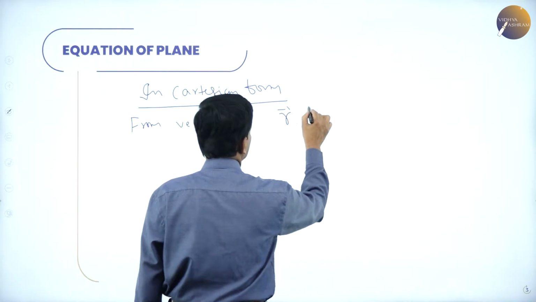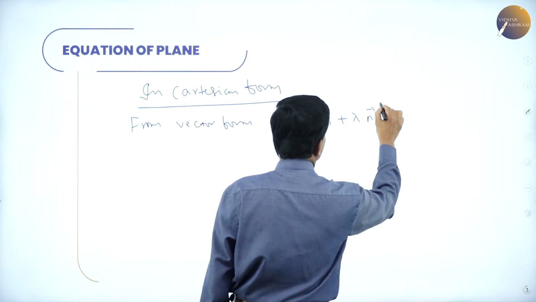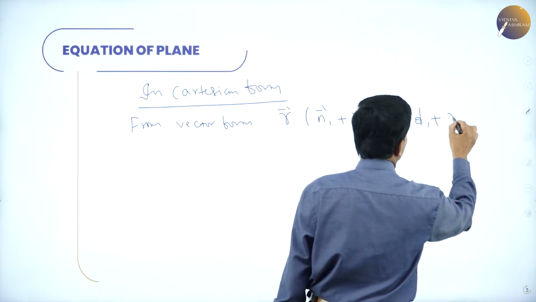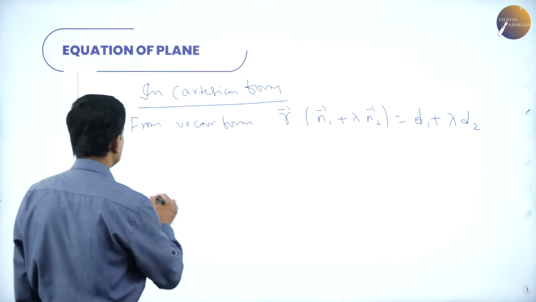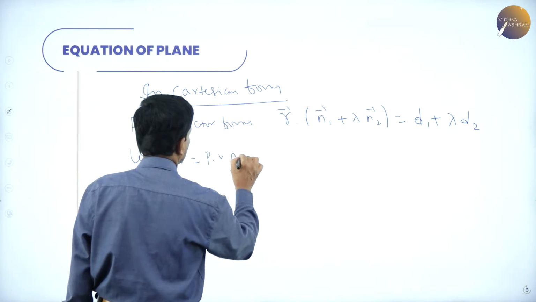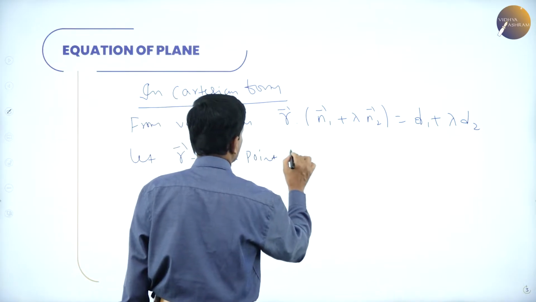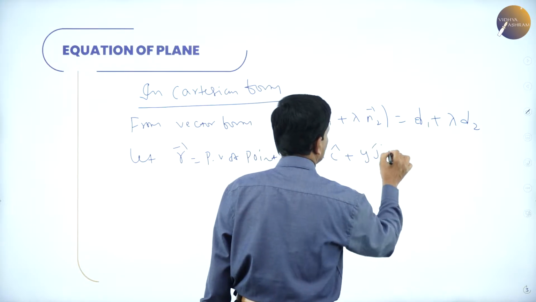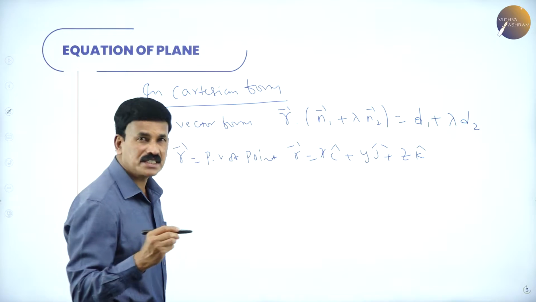We have r dot (n1 plus lambda n2) is equal to d1 plus lambda d2. Let r be the position vector of the point, so vector r is equal to xi plus yj plus zk. Now let us write vectors n1 and n2.